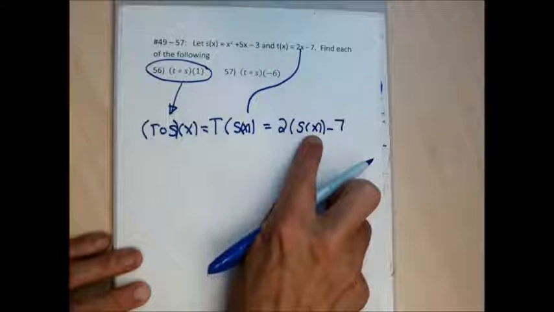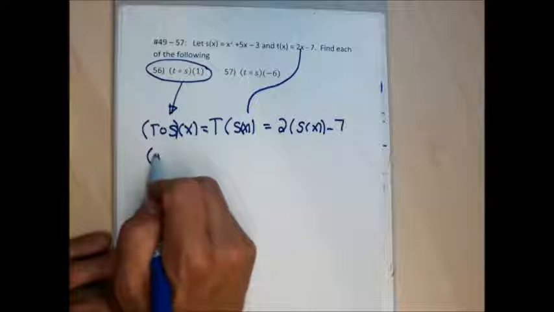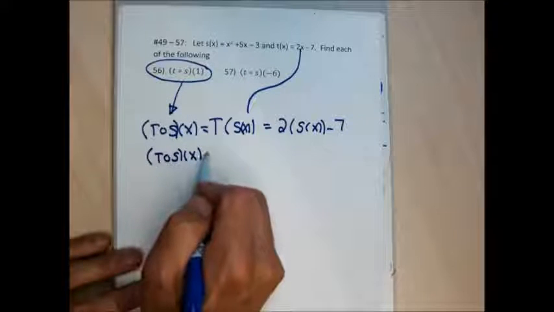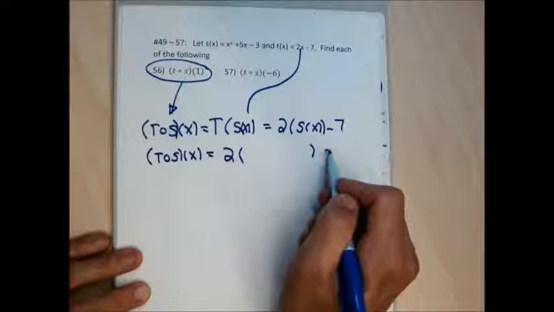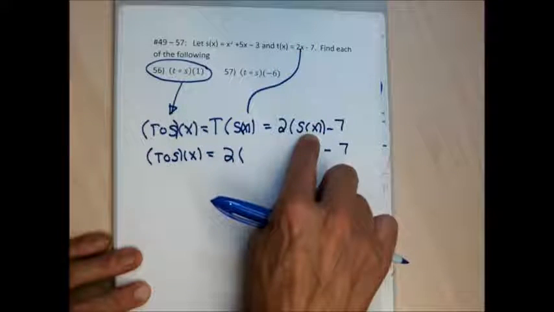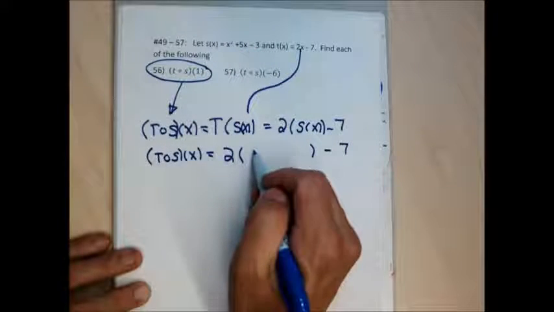Need to change that s of x to x squared plus 5x minus 3. So the first step for my 56 is the same as the first step for your 57. I'm finding an unsimplified version of t composed with s of x. I changed in the t function the x to an s of x. Now I'm going to change that s of x to x squared plus 5x minus 3.